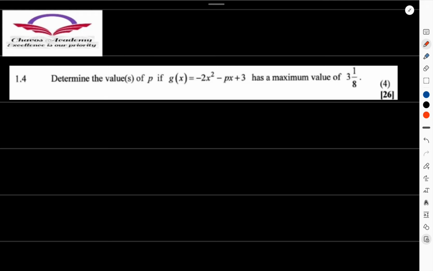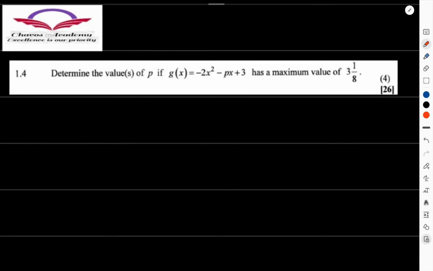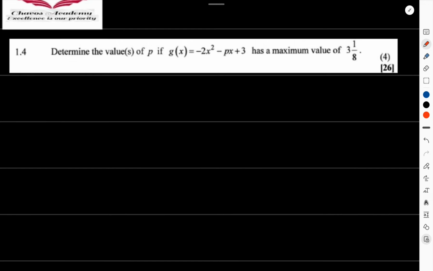Okay, let's have a look at this. Like I said, it involves the completion of the square.